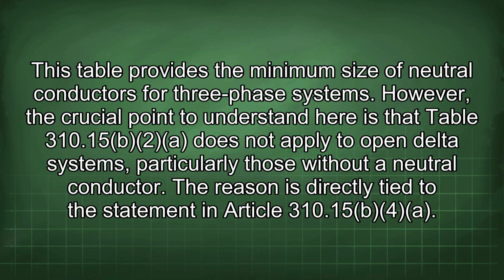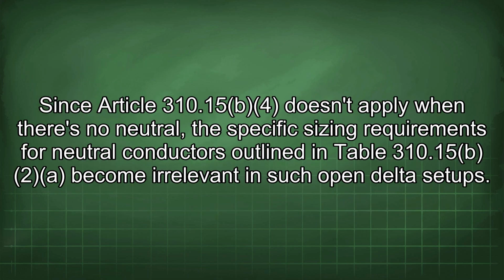The reason is directly tied to the statement in Article 310.15 B4. Since Article 310.15 B4 doesn't apply when there's no neutral, the specific sizing requirements for neutral conductors outlined in Table 310.15 B2 have become irrelevant in such open delta setups.